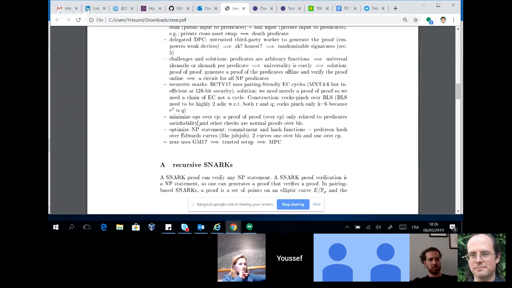They do not need a cycle, because in a cycle you need the order to be equal to the size, but also the size to be equal to the order the other way around. So you end up with a cycle, and then you roll your two curves as much as you want to create a proof of a proof of a proof of a proof. But in ZEXE, we want only a proof of a proof.